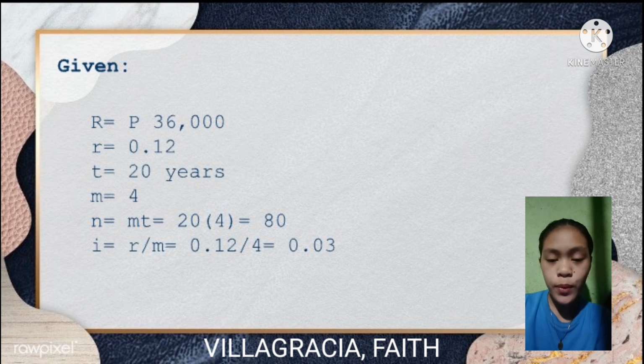The interest rate per period is I equals R divided by M. 12% is converted to a decimal, which is 0.12, so the interest rate per period is I equals R divided by M, equal to 0.12 divided by 4, equal to 0.03.